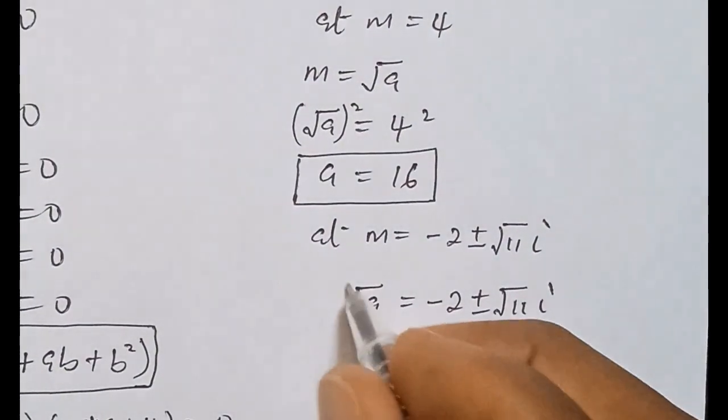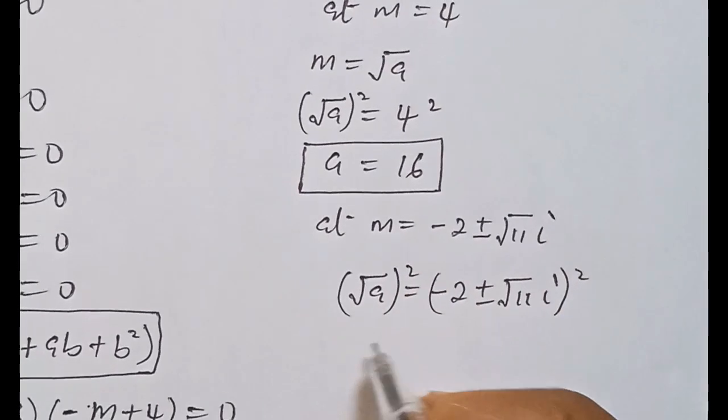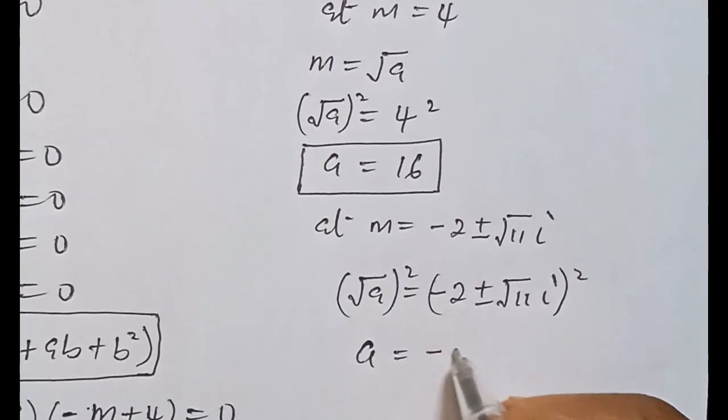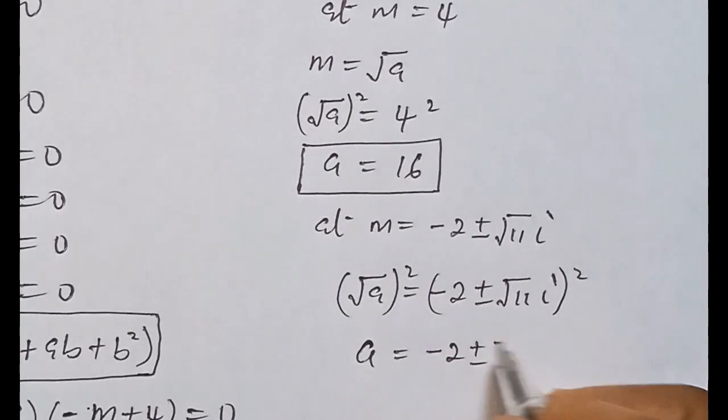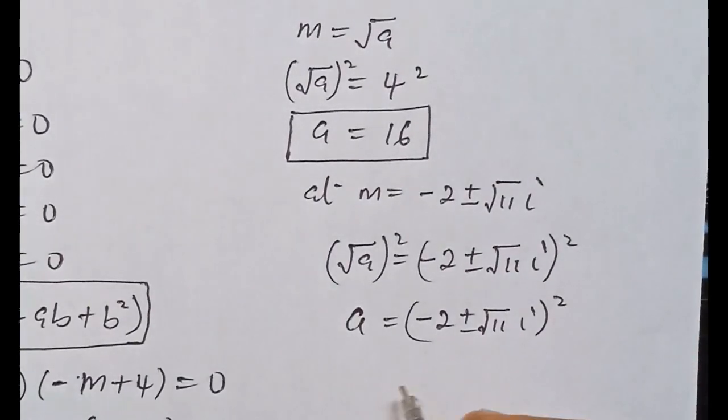If we square both sides, we have a equal to (-2 ± √11 i) all squared.